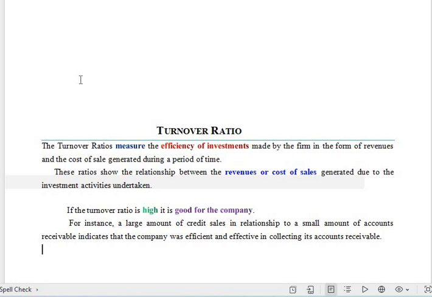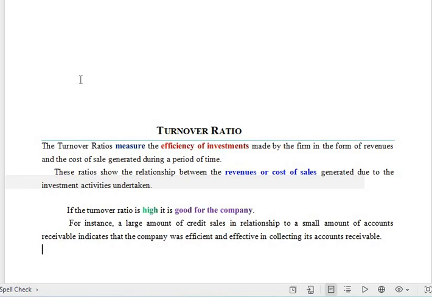The other variable we consider with respect to the particular ratio may be from the trading account, the P&L account or the balance sheet. On that basis we calculate this ratio. That's why it is called the turnover ratio, efficiency ratio or activity ratio.